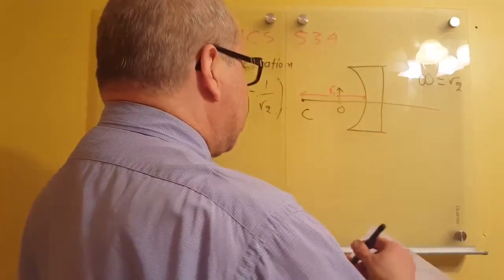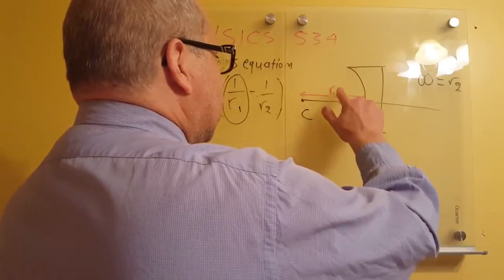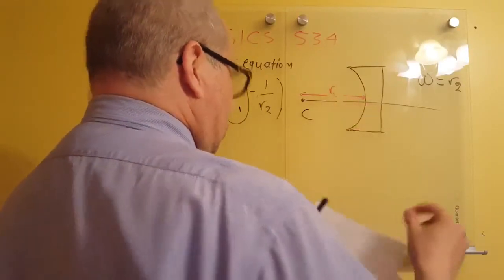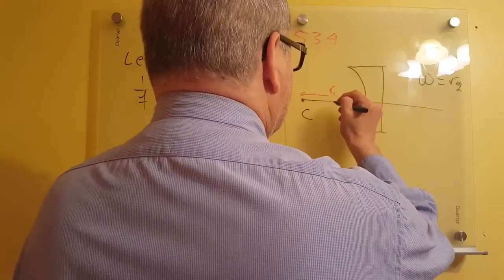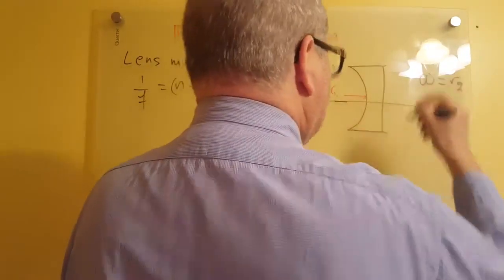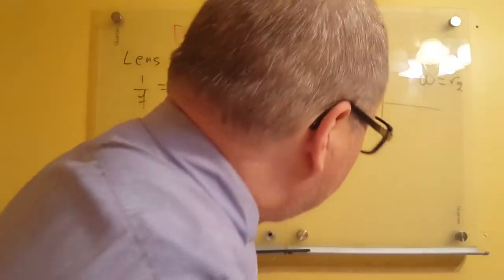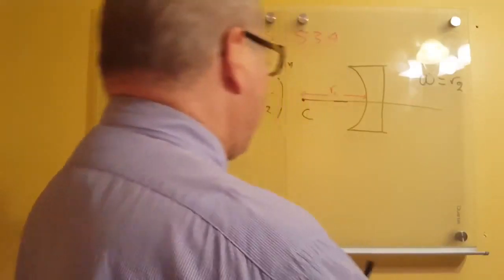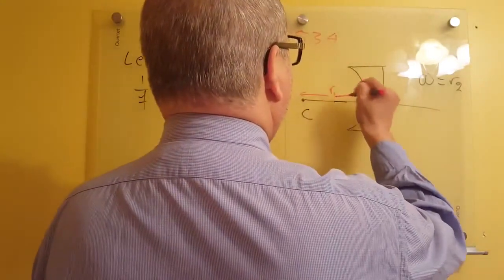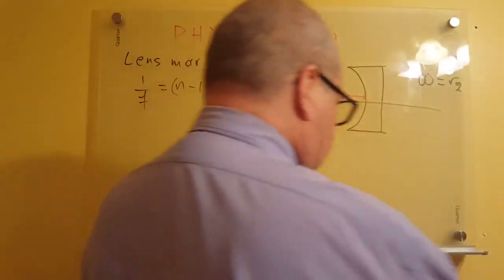And let's do it also the other way around. What do I mean by other way around? Let's assume, like in the previous case, that now the object is somewhere here.